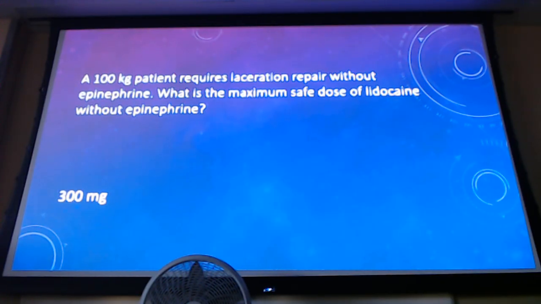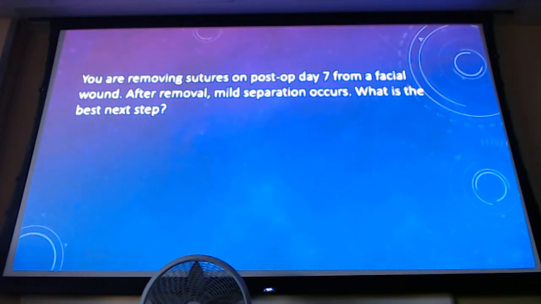Okay, what's the mg per kilogram? 4 without epi. And with epi? No, it's 7. Okay, you might see that again.